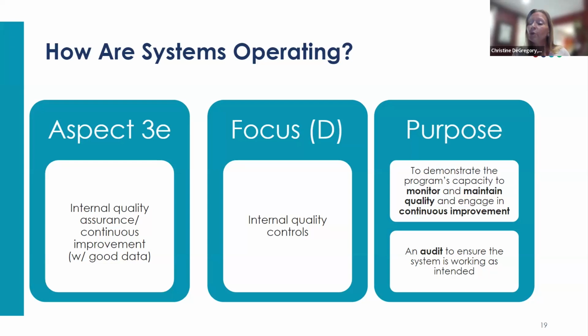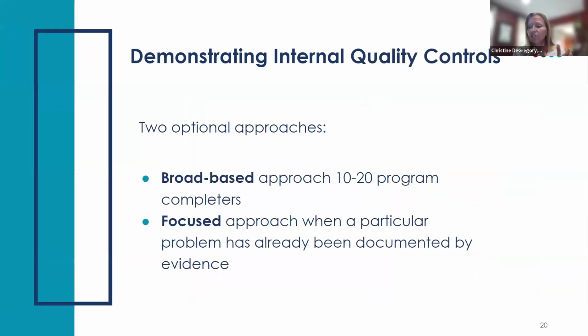Most often, folks take an audit-based approach to this. So we've got two options here: a broad-based audit, where you take 10 to 20 program completers. If you are a small, not very complex program, you might take your whole cohort. For other folks, if you have multiple types of programs, you would want to purposely sample and make sure you have representation from each.